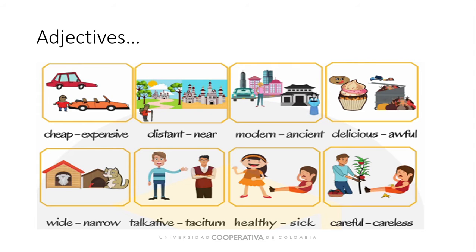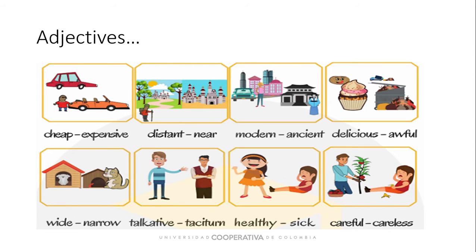Now you can see in this slide we have some examples of adjectives describing things. For example, here we can see in this picture that we are describing with the adjective cheap this red car, and we are describing this orange car with the adjective expensive.